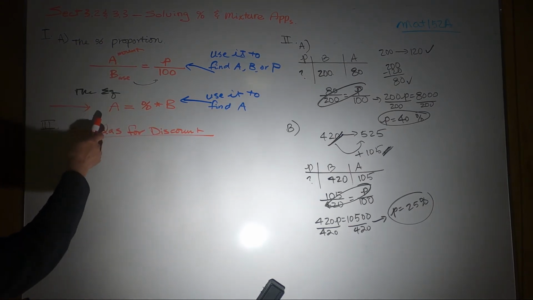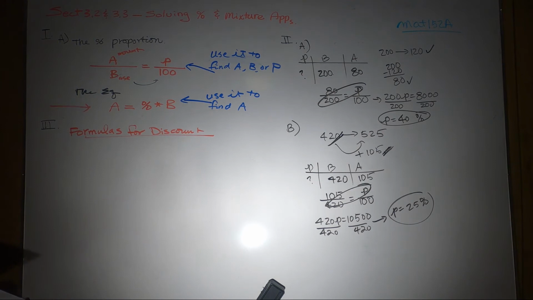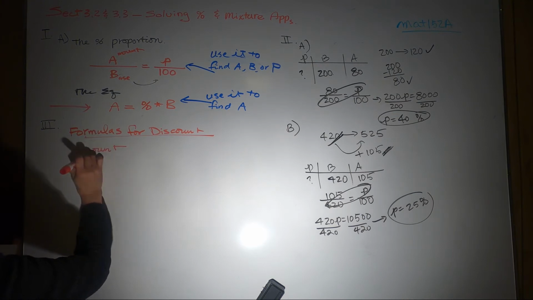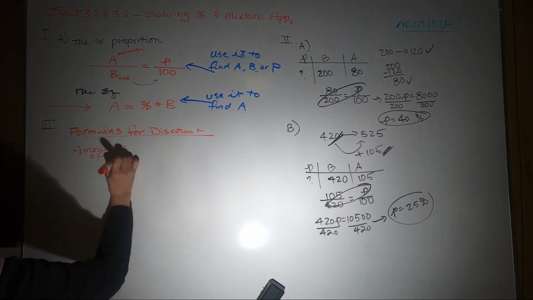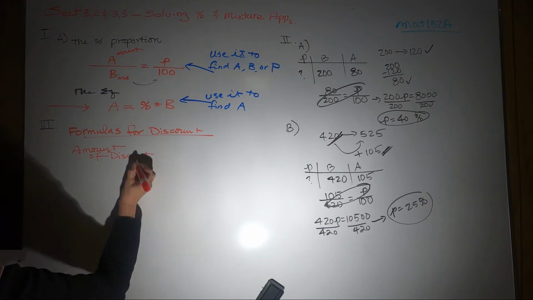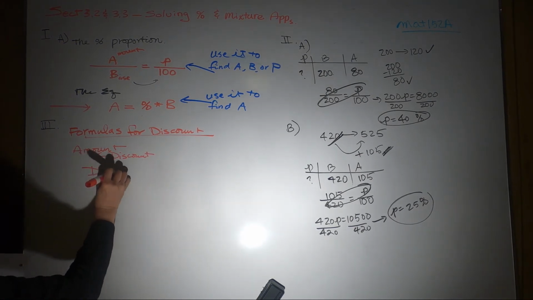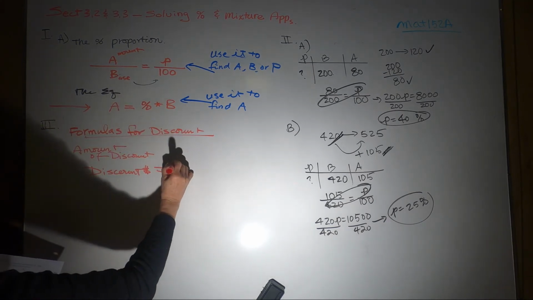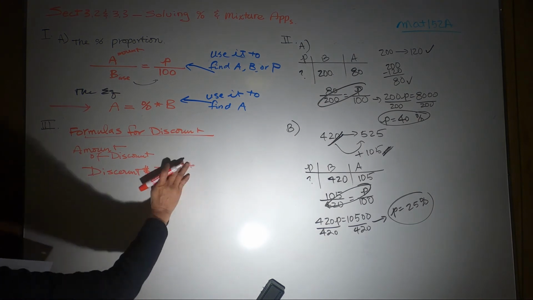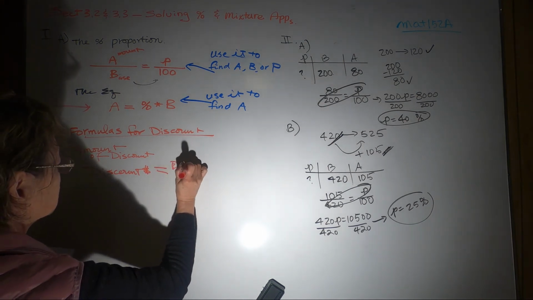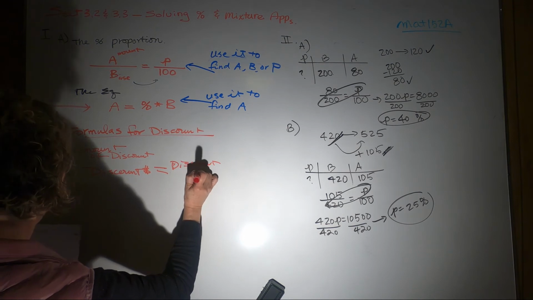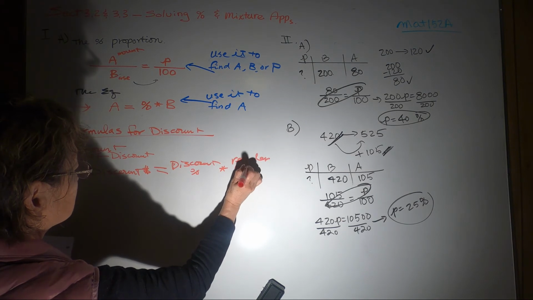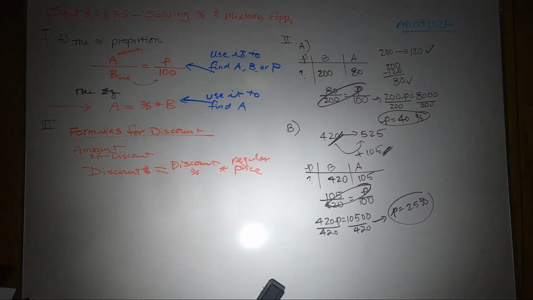You want to find the discount amount, so your formula would be: amount of discount, that's your discount dollars, equals your discount percent times your regular price. That's how we do it.